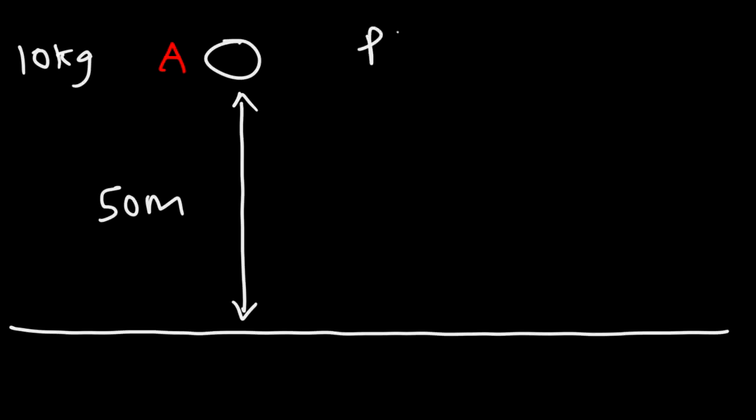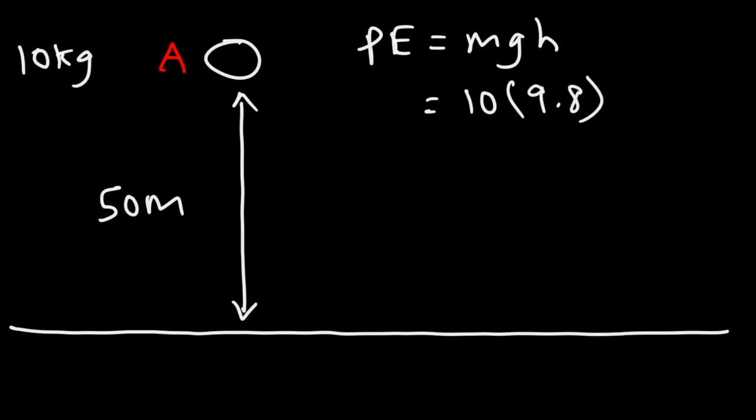To calculate it, we could use this formula, mgh. So we have a mass of 10 kilograms, the gravitational acceleration is 9.8, and the height is 50. So let me pull out a calculator. This is going to be 10 times 9.8 times 50. So the gravitational potential energy is 4,900 joules.